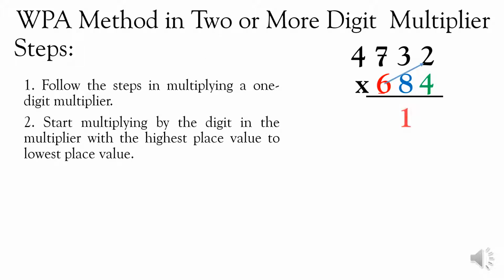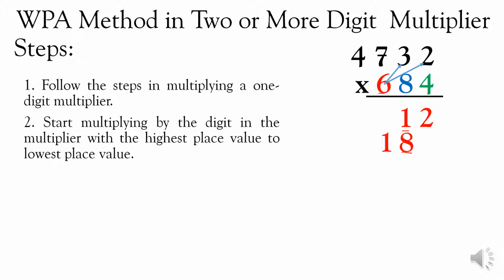So 6 times 2 will give us 12. The next digit to be multiplied by 6 will be 3, which gives us 18, where we align the ones of 8, which is 8, to the tens of the previous product, which is 1.